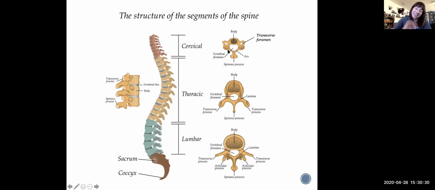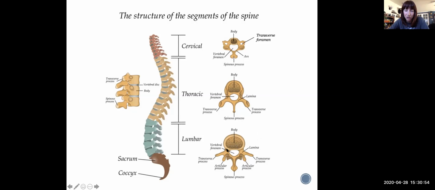Generally speaking, they all have a body, a vertebral foramen, and a spinous process, right? So what they have different, the cervical vertebrae have a transverse foramen, your thoracic vertebrae have transverse processes.